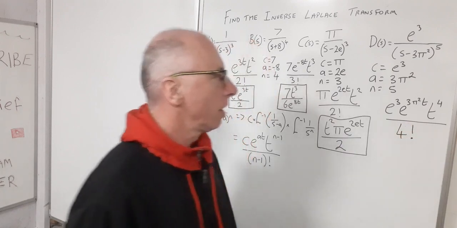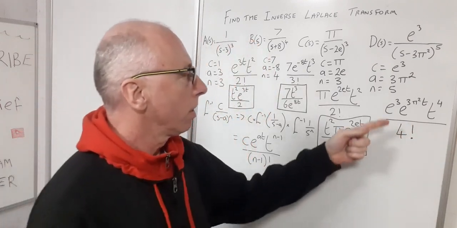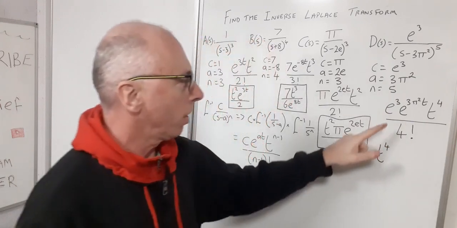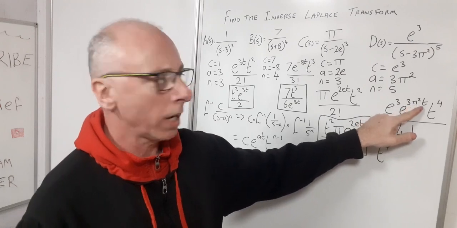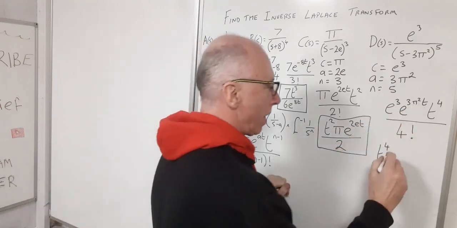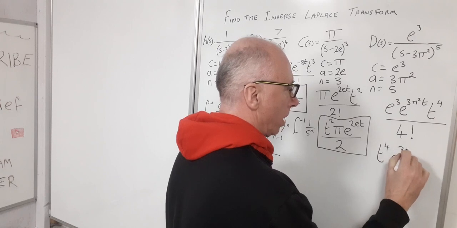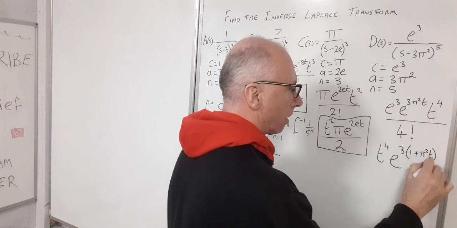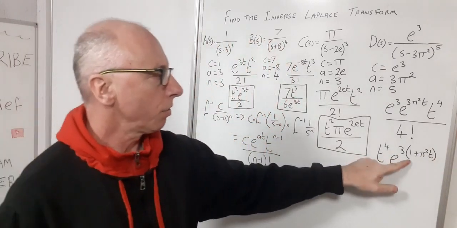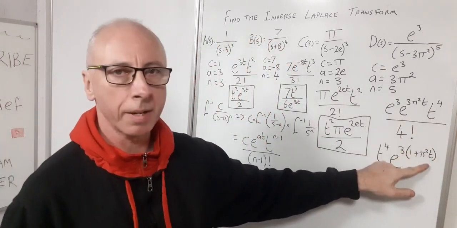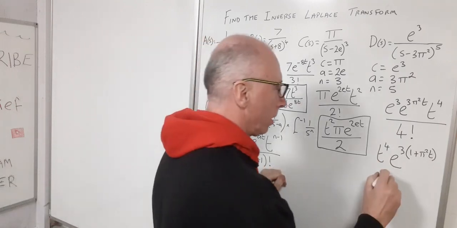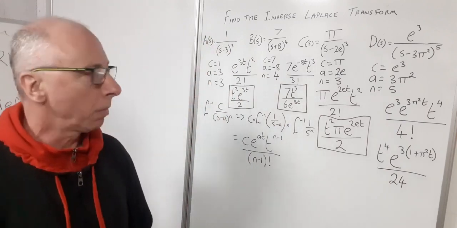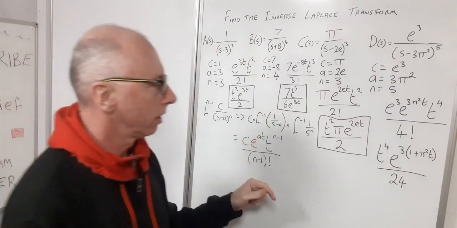So that's that. Now let's do something with this. Here I can write t to the 4 at the front. And now I've got e to the 3 pi squared t, so I can rewrite that if I like as e to the 3 times 1 plus pi squared t. That would be 3 plus 3 pi squared t, the same thing. And then my denominator would be 24. So that would be my result for my d.